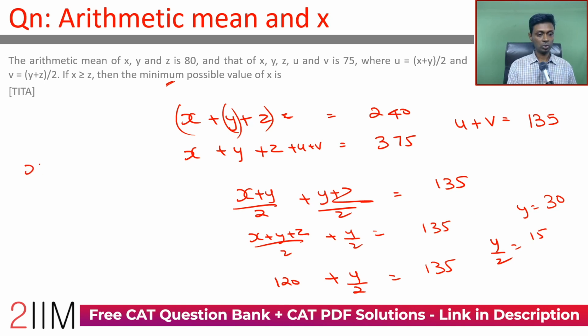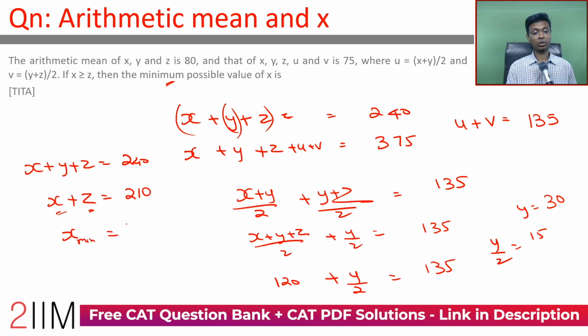Wonderful. So X plus Y plus Z is 240. X plus Z then is 210. X is greater than or equal to Z. The minimum possible value of X is 105.